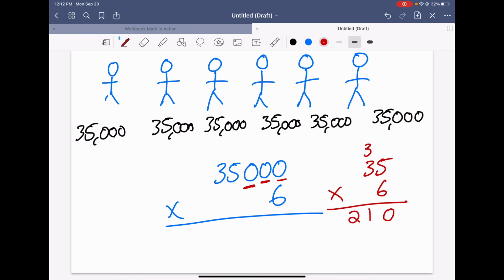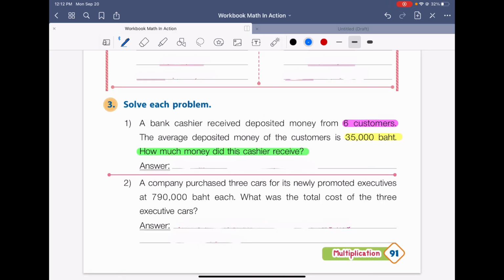All right, so we have 210. How many zeros we have? 1, 2, 3. Again, getting 210,000. Right, 210,000. So they received 210,000 baht. You can write it like that.